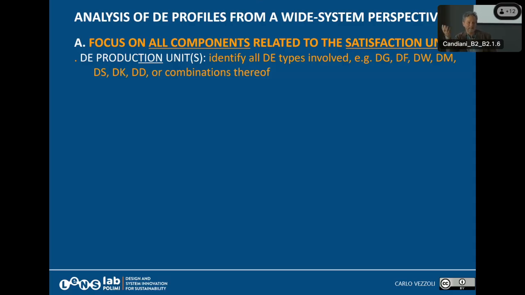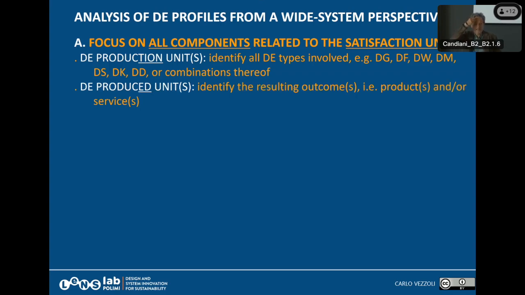So I need a water collection system and so on. So we have to identify the different distributed production units that are related to the satisfaction unit we are working on, okay? And it could be just one, or many times it could be a combination of more than one.